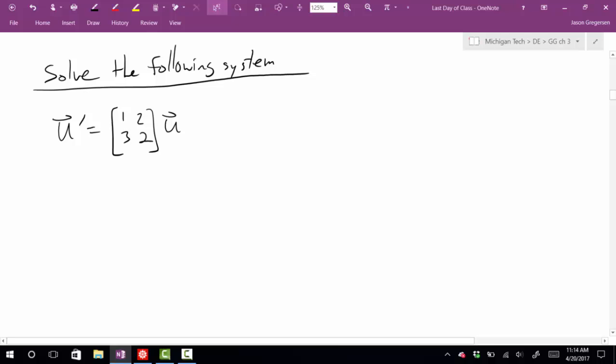All right, I had the first section solve this one. Kind of took up a little too much time, so I'm going to shortcut this. Here is your system to solve, but I'm going to tell you in advance that the eigenvalues are -1 and 4, and the associated eigenvectors are 1, -1, and 2, 3.